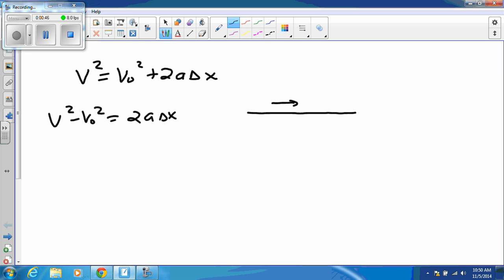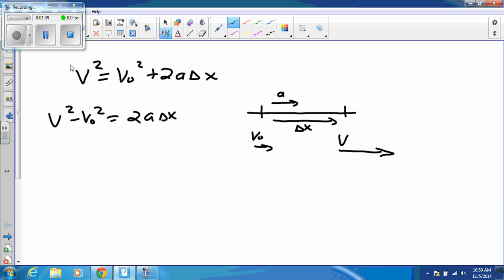Maybe it's moving in this way, and it experiences an acceleration over a delta x, like so. And the result is that it starts at one velocity, v0, and by the time it gets to the end, its velocity has gotten much larger because of the acceleration over that distance, delta x.